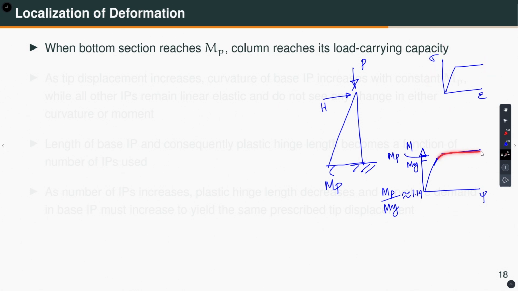So, the moment curvature is flat, and moment cannot exceed. So, this remains Mp, and the rest of the cantilever will remain linear elastic, has not reached Mp. So, the lateral load carrying capacity of the cantilever is reached, the moment Mp is developed at the base.